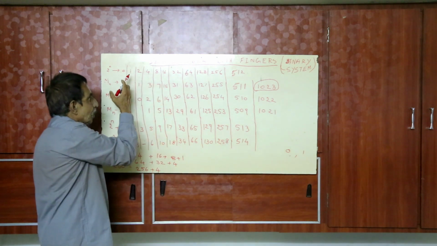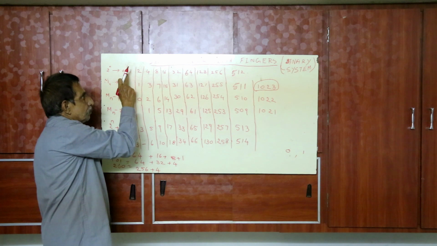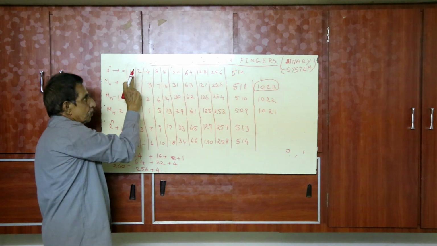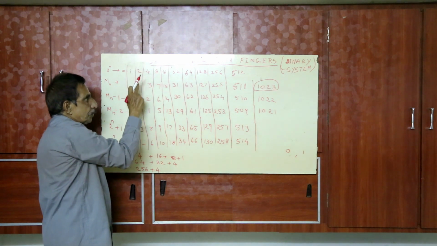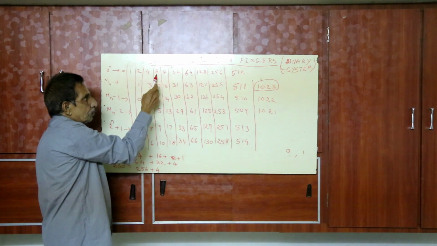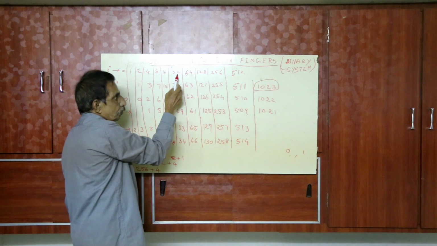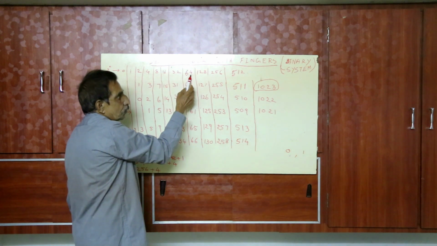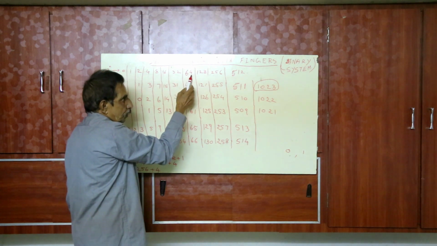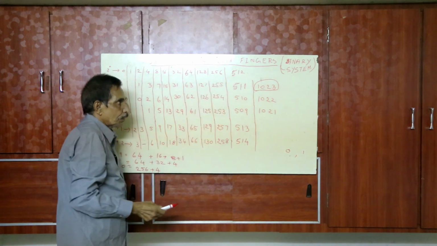That means 2 to the power of 0 is 1, 2 to the power of 1 is 2, 2 square 4, 2 cube 8, 2 to the power of 4 16, 2 to the power of 5 32, 2 to the power of 6 64, etc.